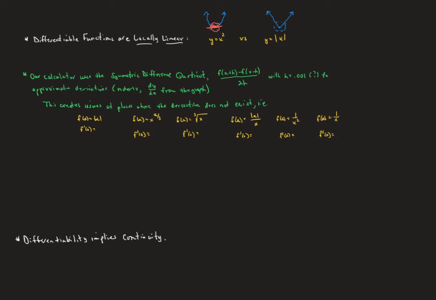But it uses this symmetric difference quotient. I believe h is 1/1000th, but I'm not 100% sure on that. If you wanted to approximate the derivative at, say, 5, it would plug in 5 plus 1/1000th into the function and subtract from that 5 minus 1/1000th, and then divide by 2 times 1/1000th, and whatever it got there, it's going to give you that answer for n-deriv or dy dx.